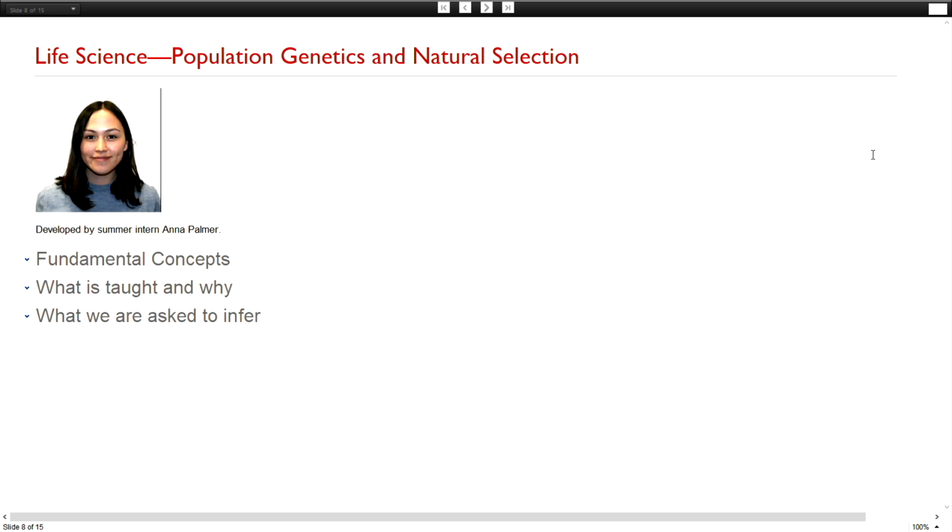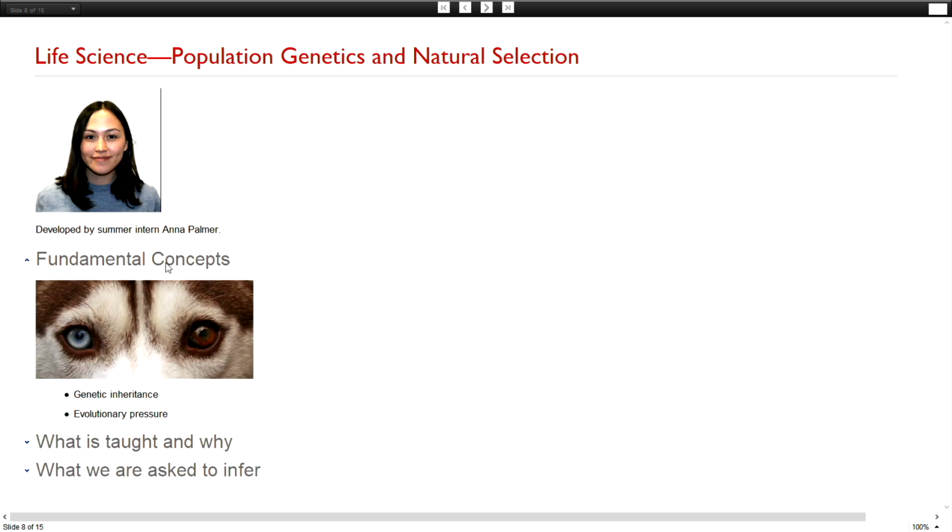It's also used to explain, for example, why the species we see around us today look very different from how we believe their ancestors looked a long time ago. So that's the fundamental concept of that. And it's also used, for example, to explain why I have brown eyes, or why Jan here has blue eyes.